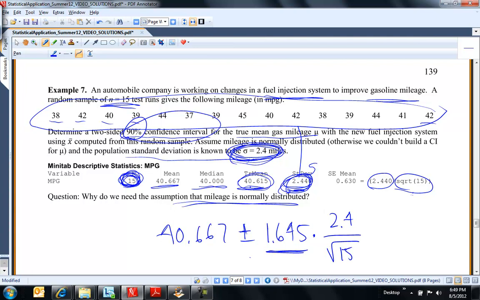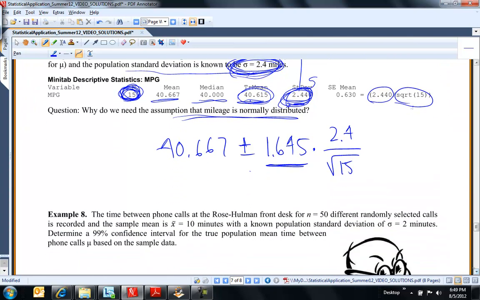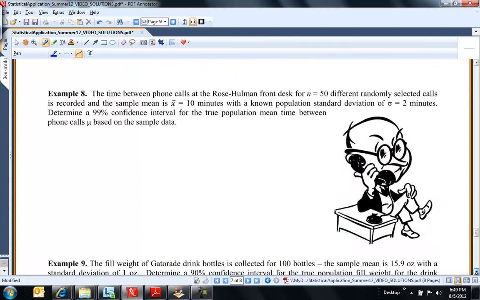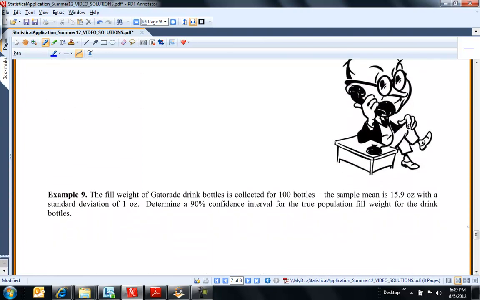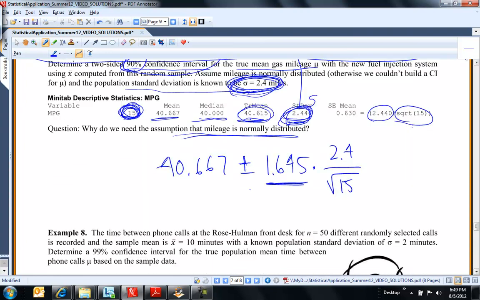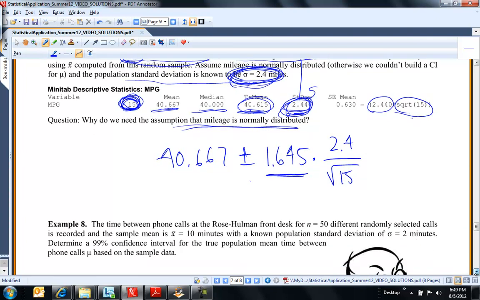Subtract and you get the lower end, add and you get the upper end. So there's my confidence interval, and even when I build it, I don't know if it contains mu or not. That's the chance that we're taking. You get a random sample and you hope it's representative and that you'll capture mu. So I'll skip this one right now.